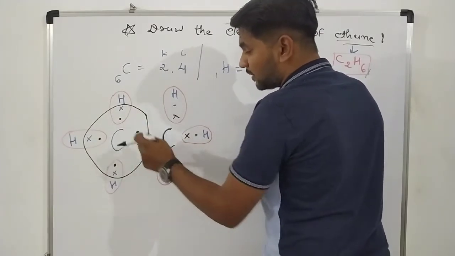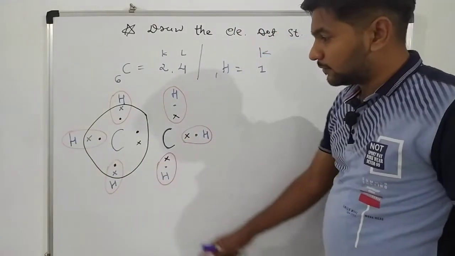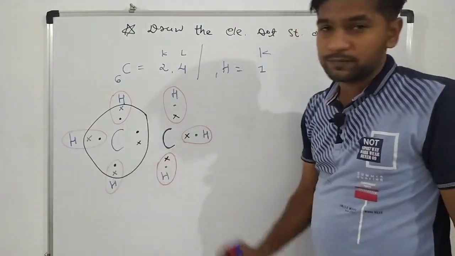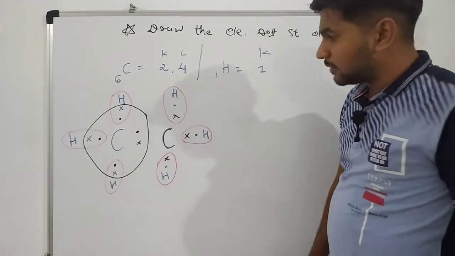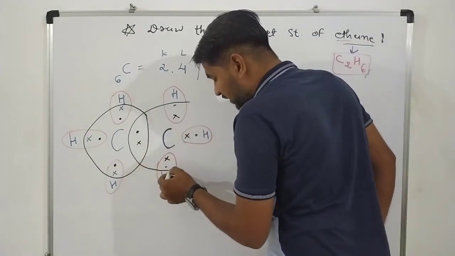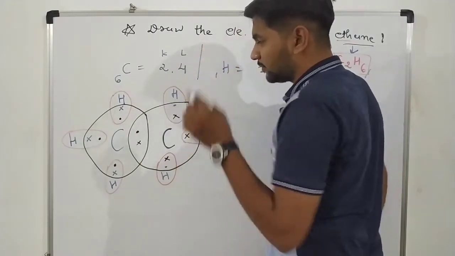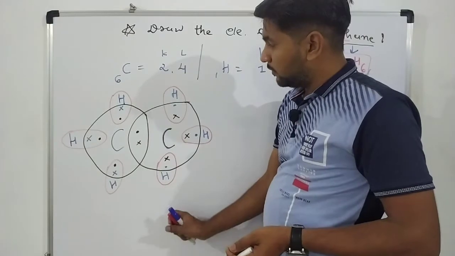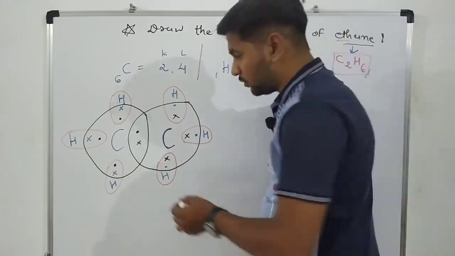The first carbon completes its octet by sharing electrons. Now the second carbon, let's see, can it complete its octet? Yes, the second carbon can also complete its octet by sharing electrons.